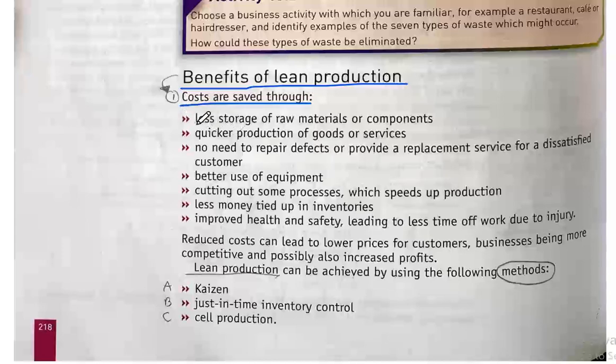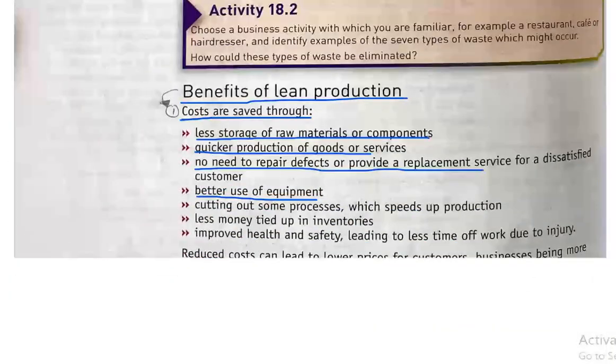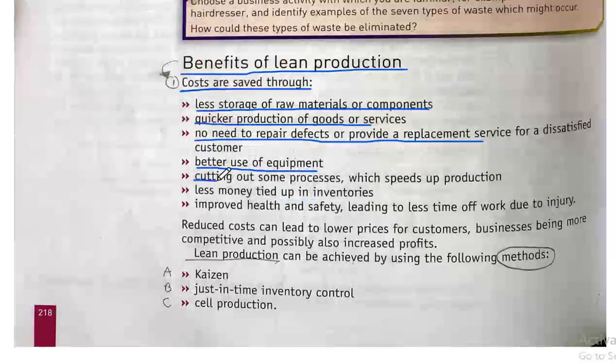Number one, by less storage of raw material or components, not unnecessary inventory, quicker production of goods and services, no need to repair defects or provide replacement service for a dissatisfied customer, better use of equipment, which is like over here the over processing, cutting out some processes, which speeds up the production, less money tied up in inventory, improved health and safety.